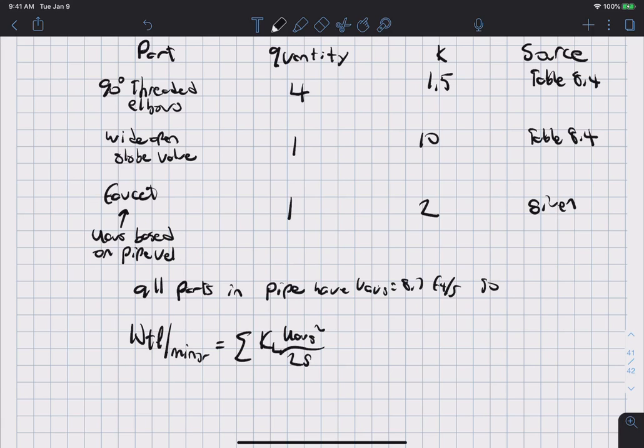Because for all the components, including the faucet, the average velocity is the same, we can pull that out of the sum, and that equals U averaged squared over 2G times the sum of all the loss coefficients of our components. And now we just literally add those up.